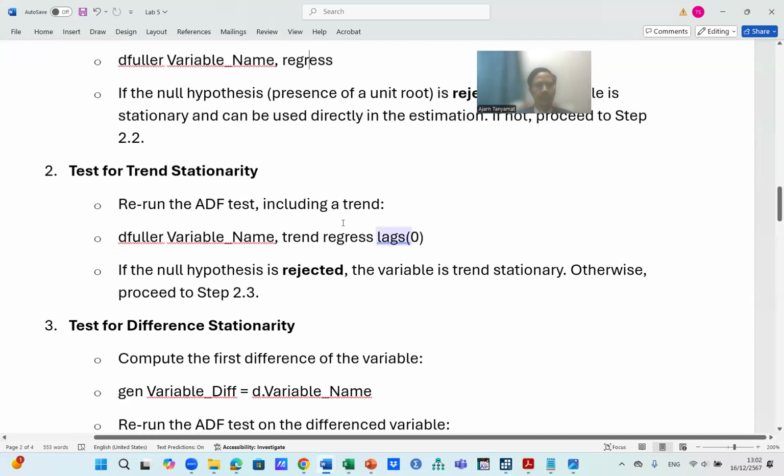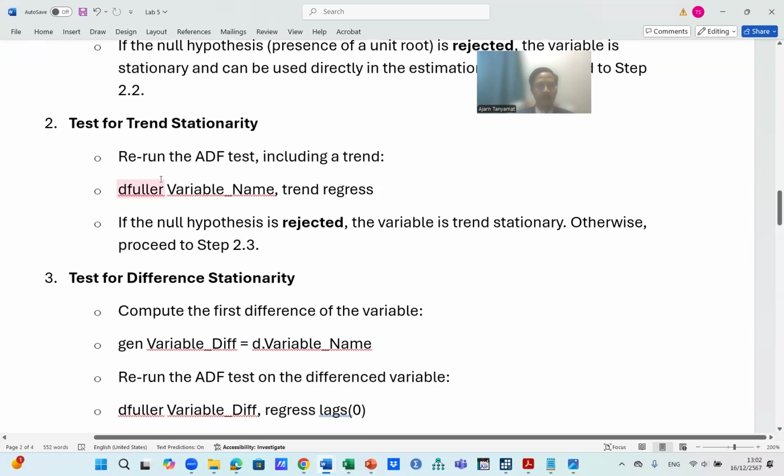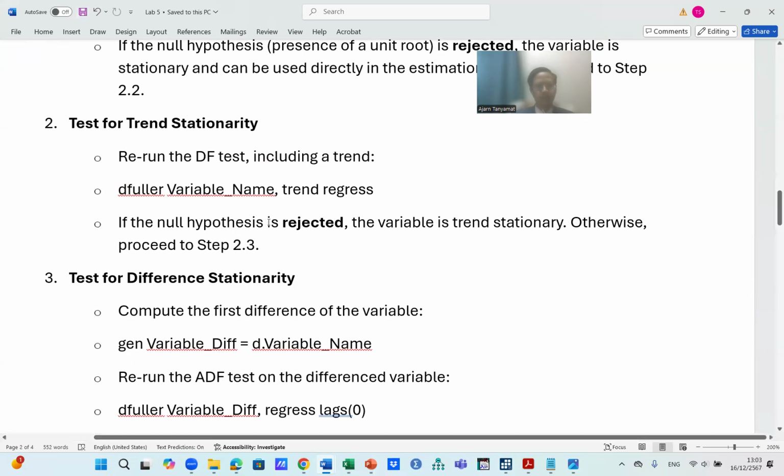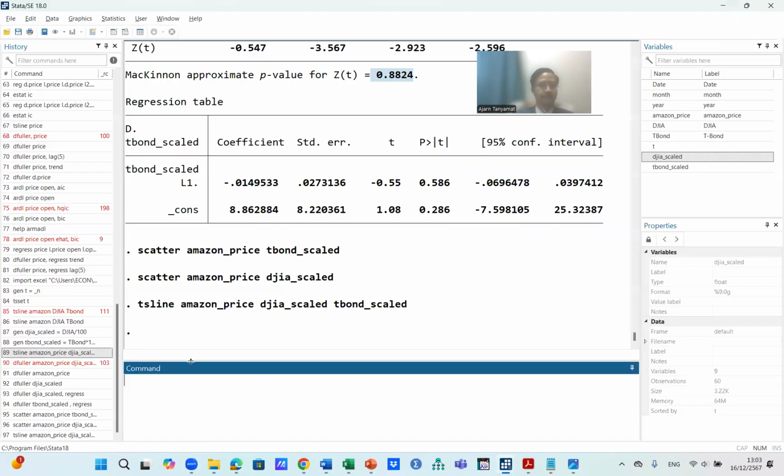Next, let's test for trend stationarity for all the variables. In particular, we're going to include the trend in the command. So we're going to go dfuller, Amazon price, include a trend. Let's see what happens. Is the data stationary around a trend?